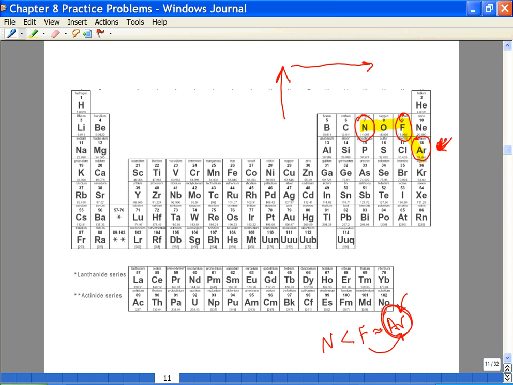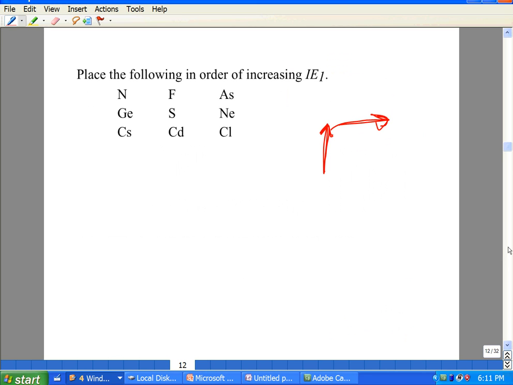But based on the trends on the periodic table, when we go in this direction, we're supposed to get larger, but when we go down here, we get smaller, they kind of cancel each other out in terms of what we see as a trend based on the definition that we got in class. Okay, so you follow the same logic for the other two questions on this problem.